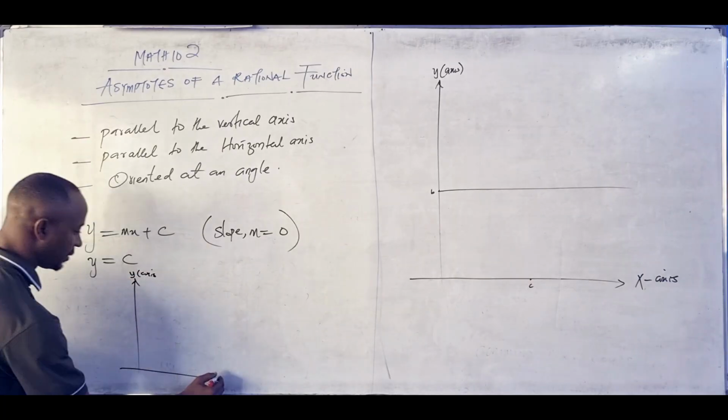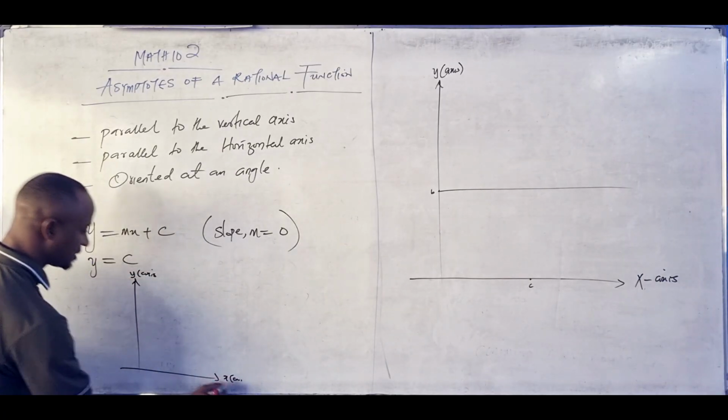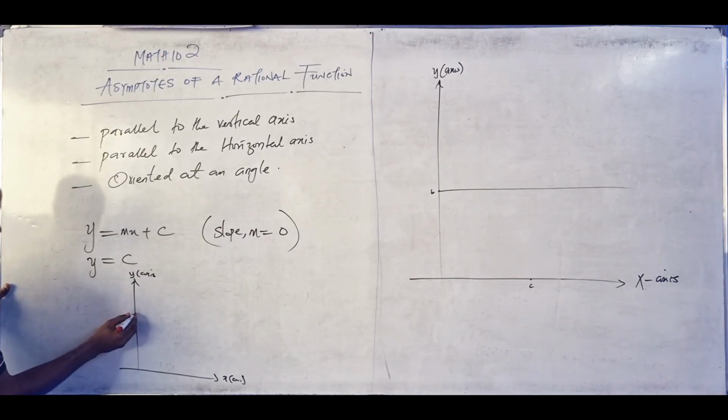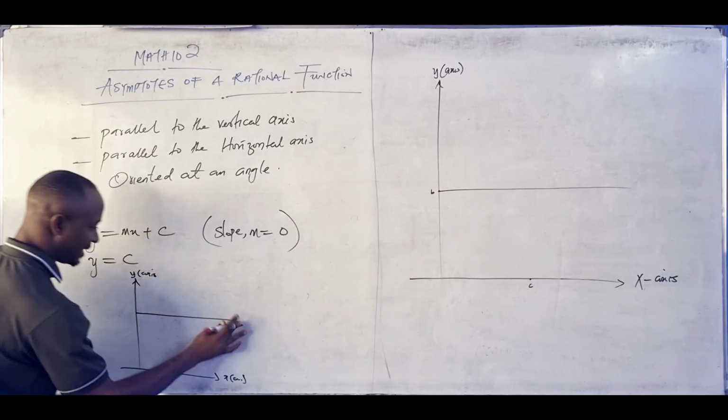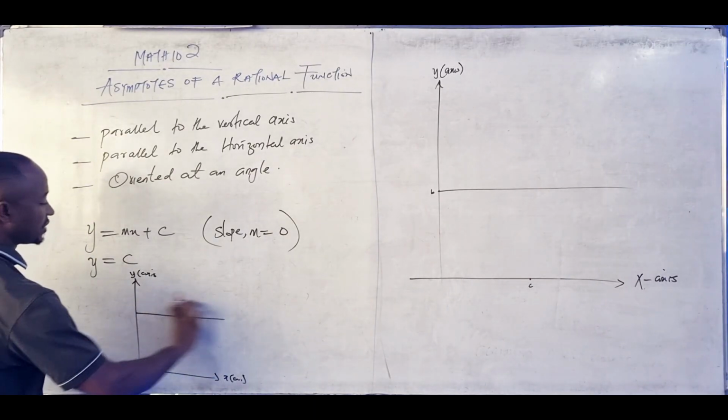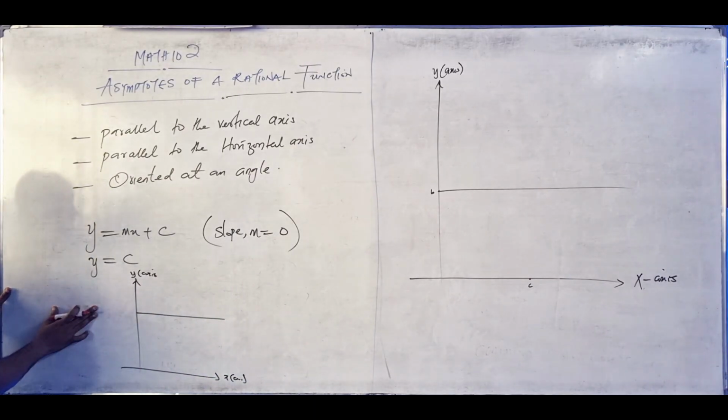Here we have the y-axis and the x-axis. Y equals c means the graph is a straight line parallel to the x-axis. So we call this the horizontal asymptote.